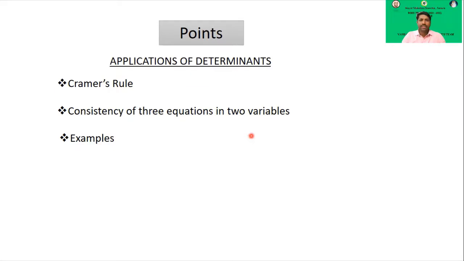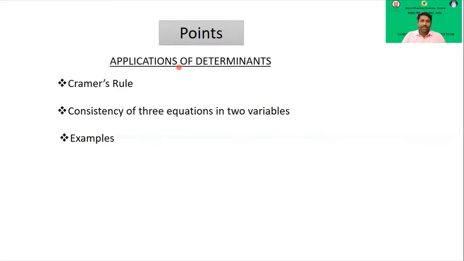There are various applications of determinant for 11th standard and 12th standard in different topics, even in physics. One application which you have seen in 10th standard is Cramer's rule, how to solve simultaneous linear equations in two variables by using Cramer's rule. In that method we have used 2 by 2 determinant.